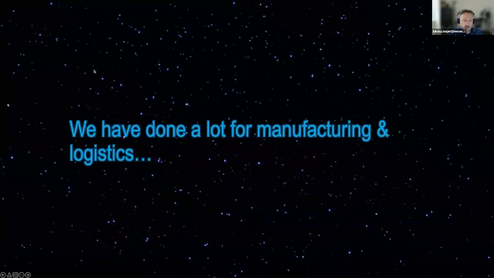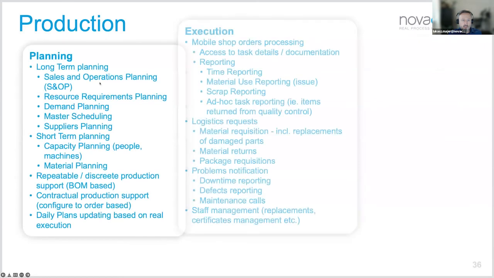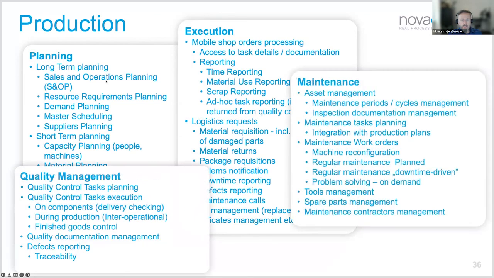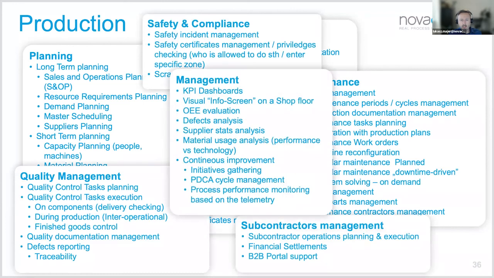And I realized that no doubt we've done a lot for manufacturing and logistics. So I prepared a few slides to present some of these. You see, we have something for production planning, quality management, maintenance, safety and compliance management solutions. So for instance, KPI dashboards, OEE evaluations. Are you overwhelmed by these? I hope you are. I mean, there is a lot.